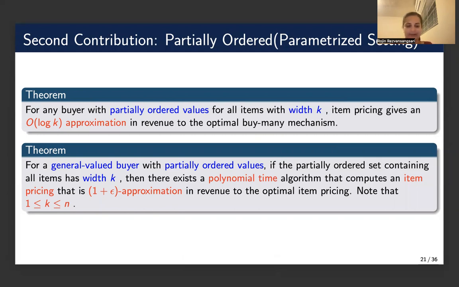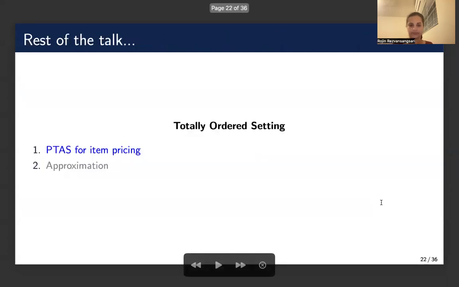And note that this K moves from 1 to n. Okay, so for the rest of the talk, we are going to talk about more technical parts of the paper, and we will focus on the totally ordered setting, and we'll see proof sketches for the PTAS for item pricing and approximation.